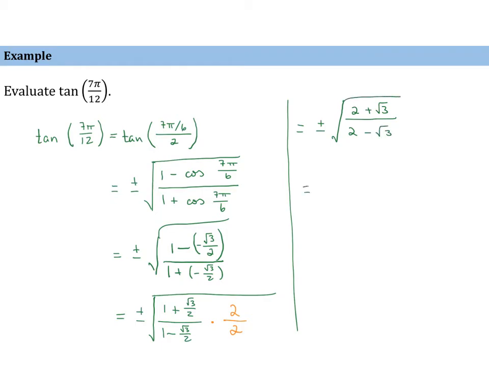And now we can get rid of the radical in the denominator by multiplying by its conjugate. So 2 plus the square root of 3 over 2 minus the square root of 3, and we will multiply by the conjugate of the denominator, which would be 2 plus the square root of 3.